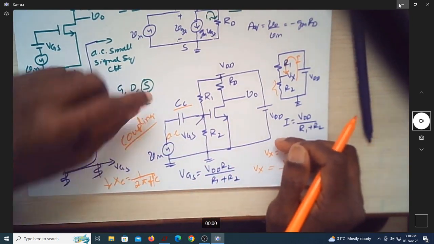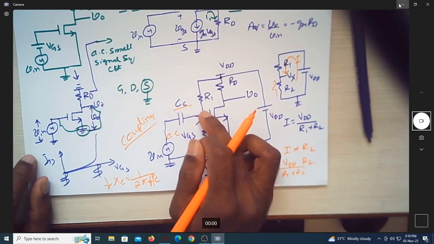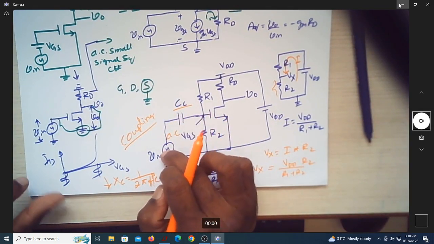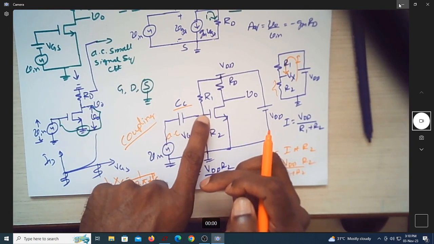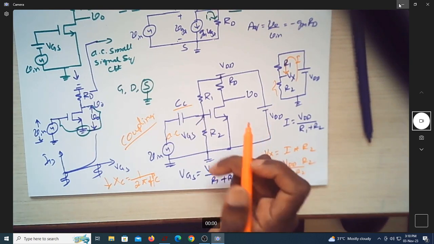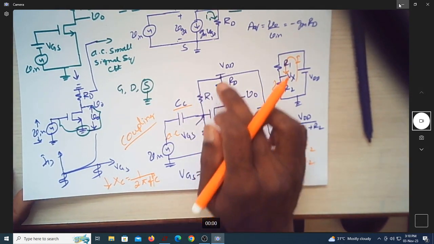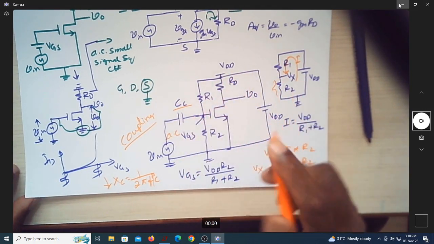So effectively this coupling capacitor couples the AC signal and blocks the DC, so that any DC at the input does not affect my biasing voltage VG. So the purpose of R1 and R2 connecting VDD and the gate terminal is to realize VGS.